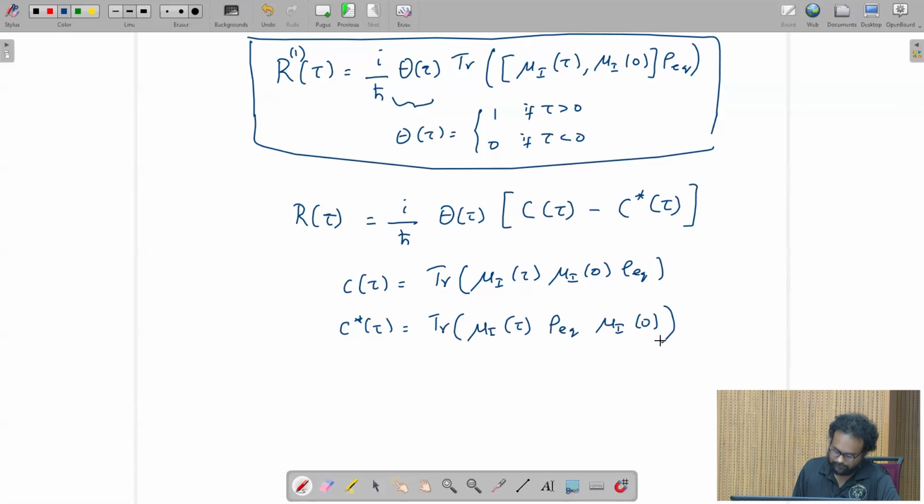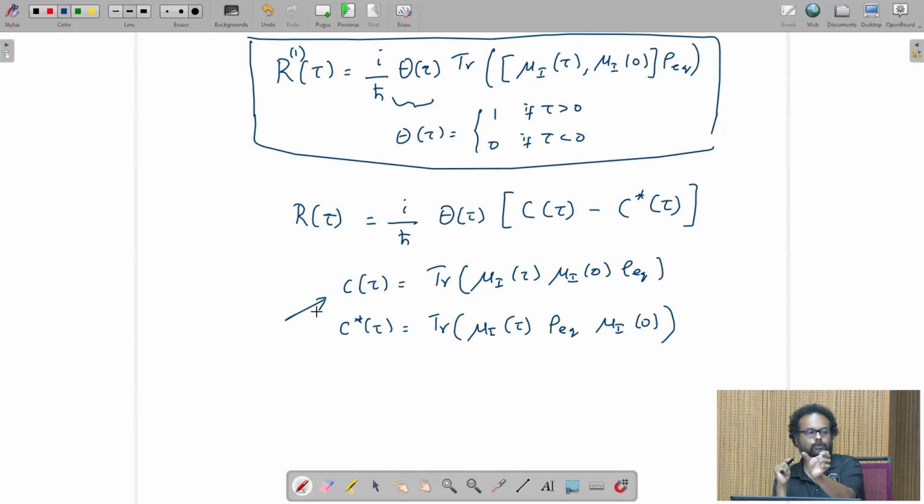So look carefully. For example, look at this function. Can you say what that is? You're taking a trace of a function multiplied by a density matrix. It's an expectation value, right? It's the expectation value of what?